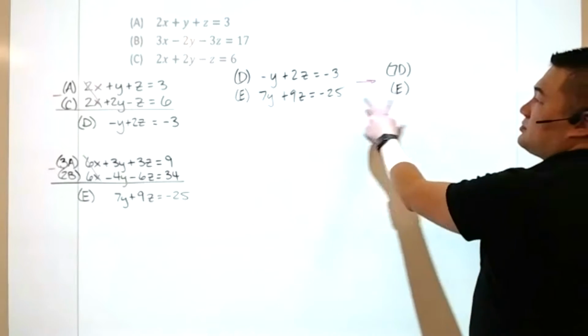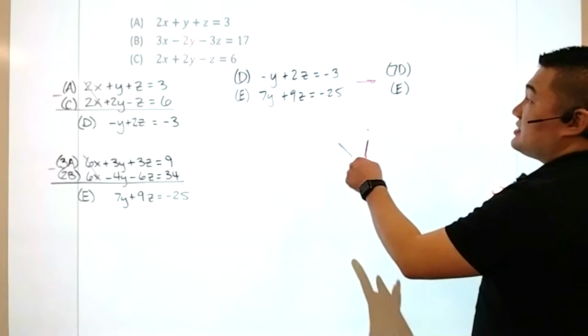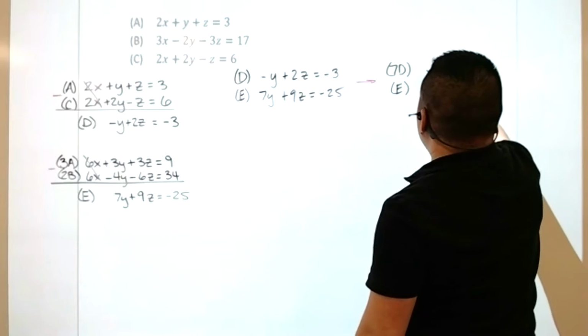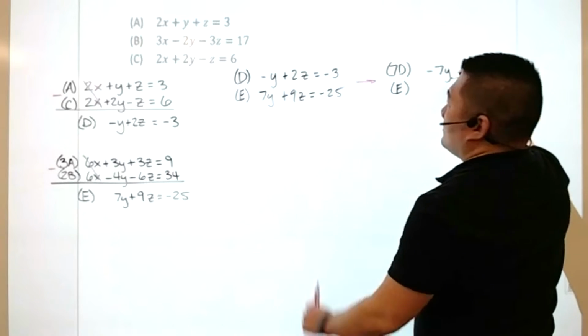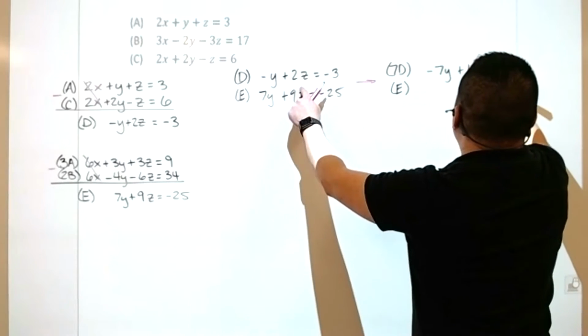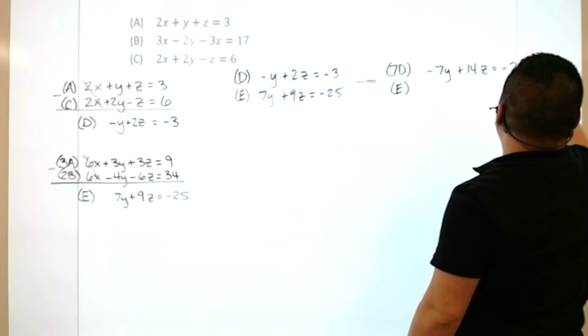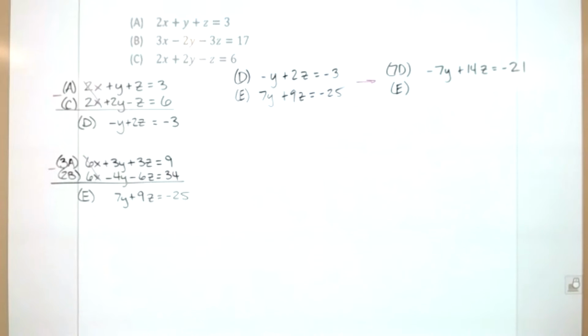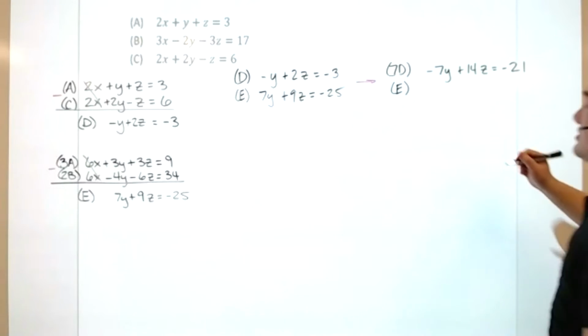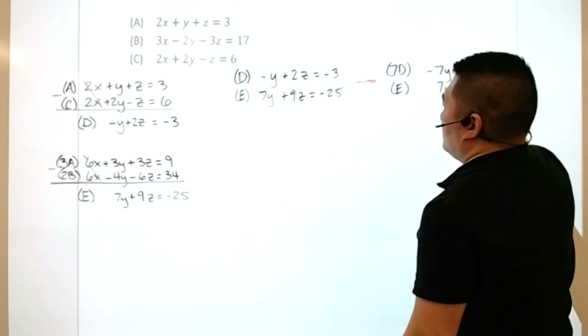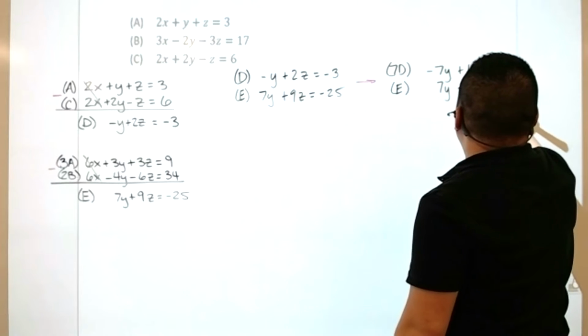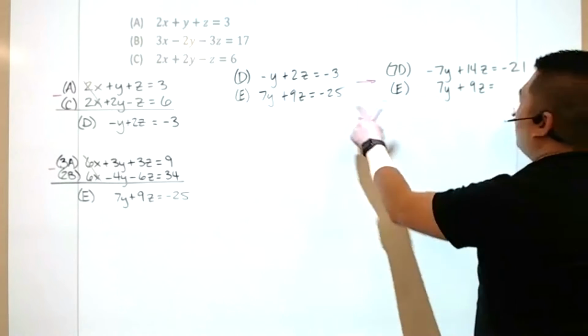So 7D just means everything in D times 7. That would be negative 7y plus 14z equals negative 21. And E stays the same, so that'd be 7y plus 9z equals negative 25.